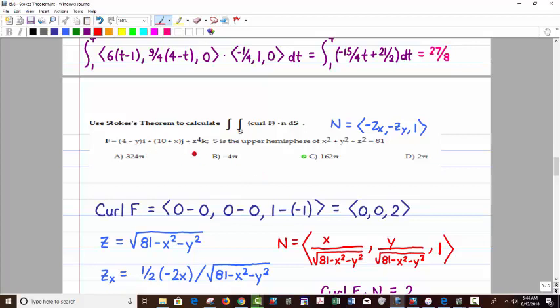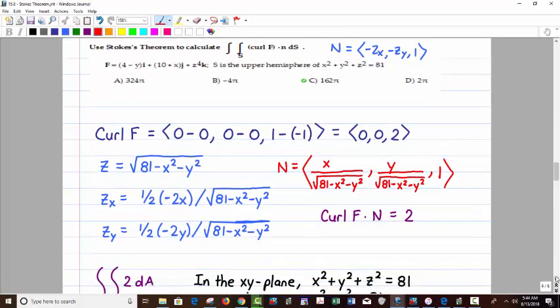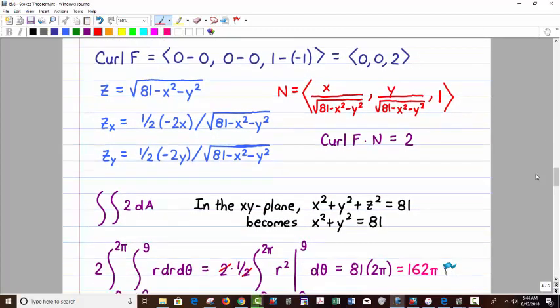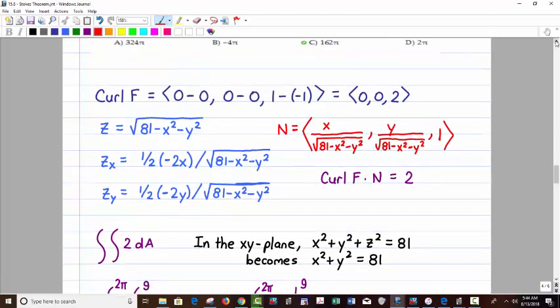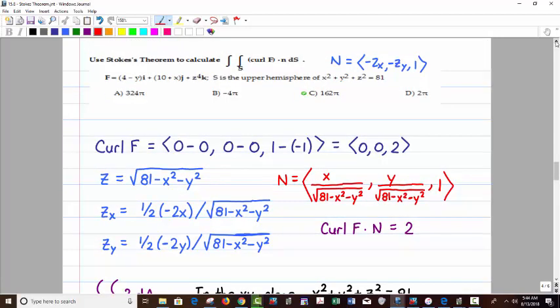Here's our vector field. Hemisphere. Okay, hemisphere tells me we might be looking at spherical coordinates here. I mean polar, because this is not a triple integral, excuse me. Even though it looks like it, it's not a triple integral, so it would not be spherical.